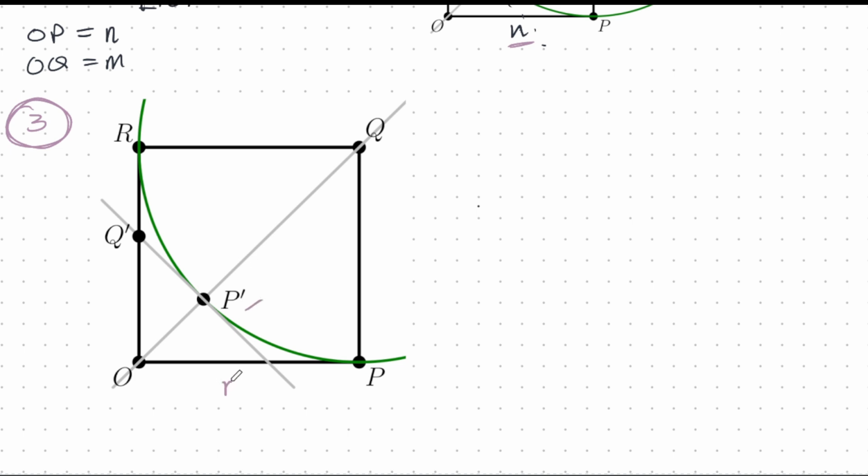We've got N, and we have M, the long diagonal here. And I've got this perpendicular line. So we've constructed P prime Q prime perpendicular to OQ, and Q prime here is the point of intersection of this perpendicular with OR. So I've created this point Q prime.